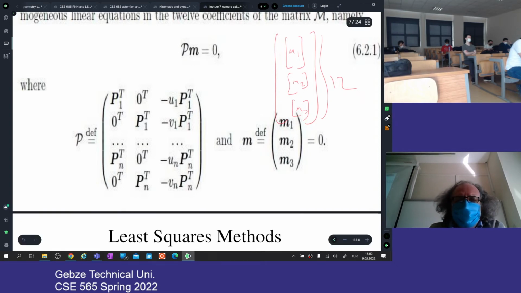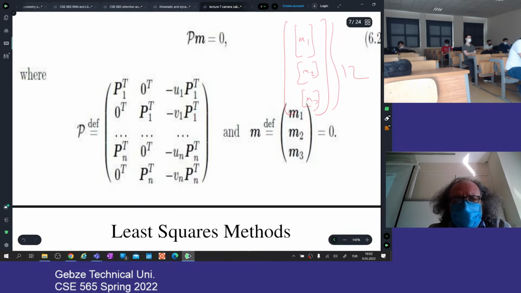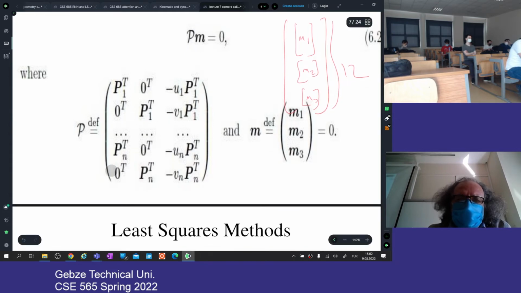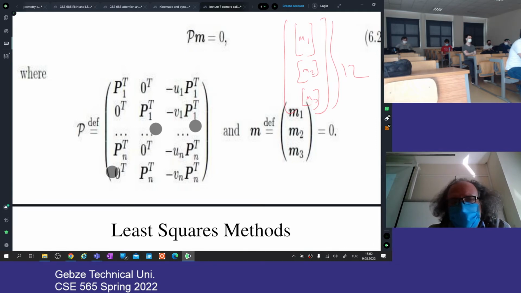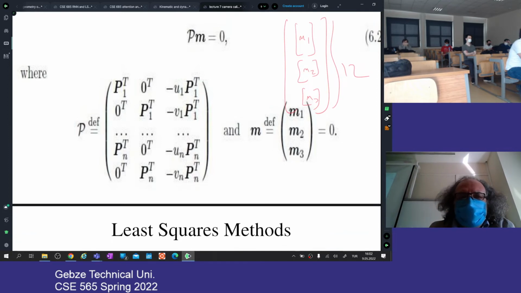So P times M is 0. Tell me the size of this matrix. How many rows and how many columns? How many columns are there in this matrix? 12, right? Because M is of size 12. And how many rows?